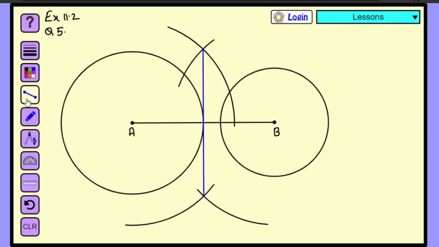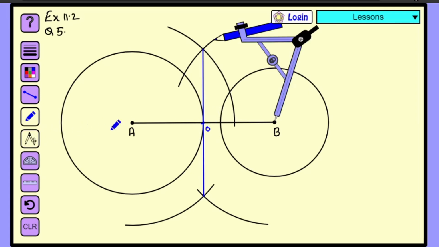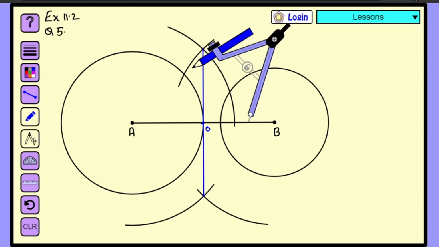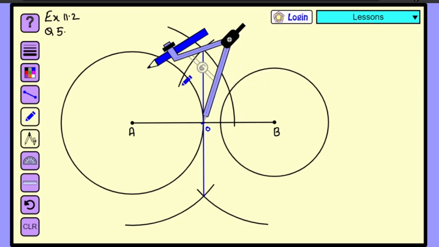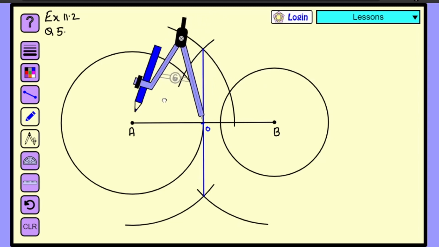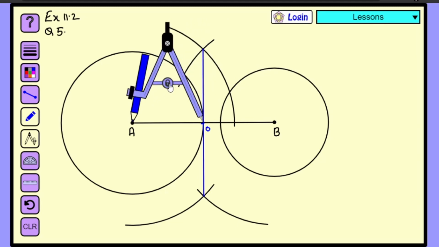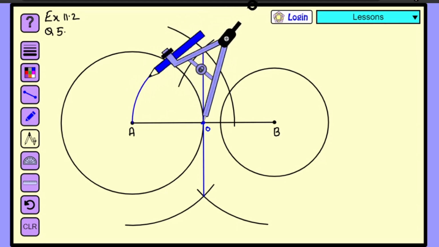Now I name this intersecting point as O. Taking OA as radius, I construct a circle.